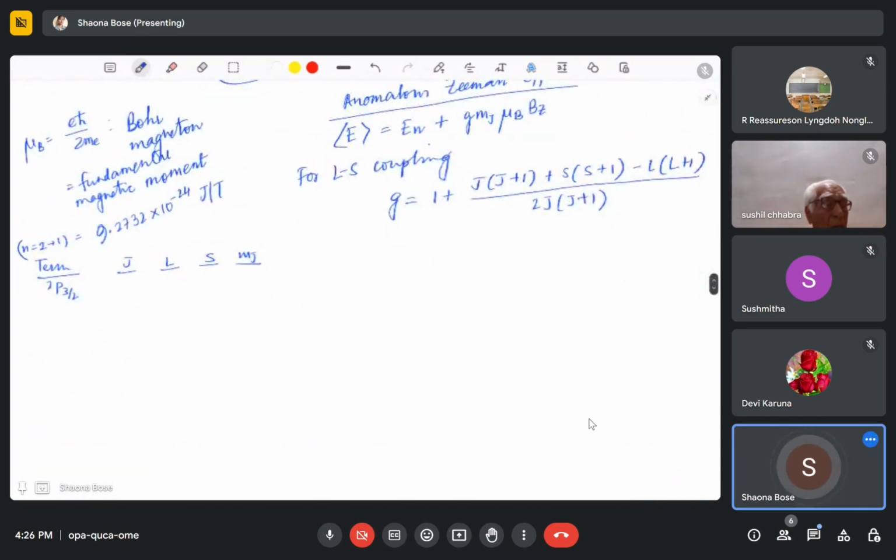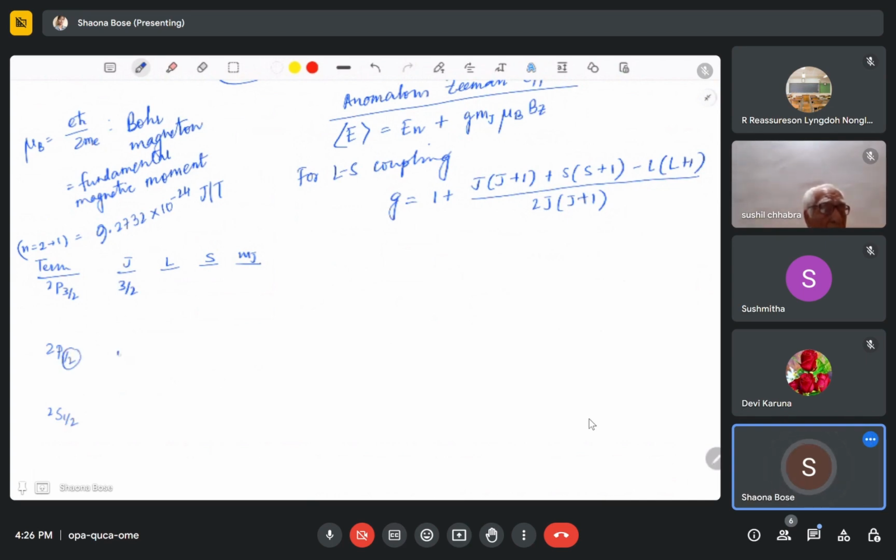Then you'll have a 2p1/2 and 2s1/2 term. Again, these are term symbols.